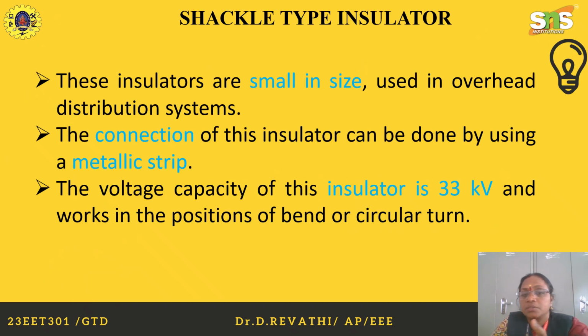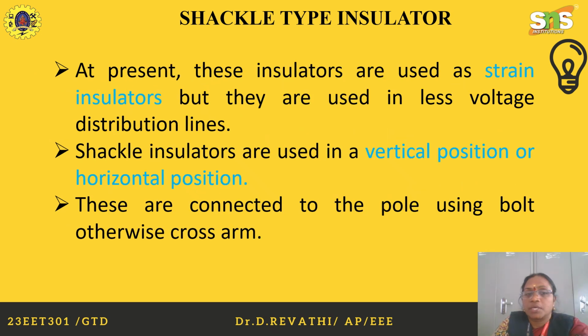The shackle insulator is usually small in size and used for low voltage, and we can use this insulator up to 33 kV capacity. Shackle type insulators are connected using metallic strips. Nowadays it is used as a strain insulator, and it is also used in vertical or horizontal positions, and we can connect it to the pole using a bolt or otherwise in the cross arms.